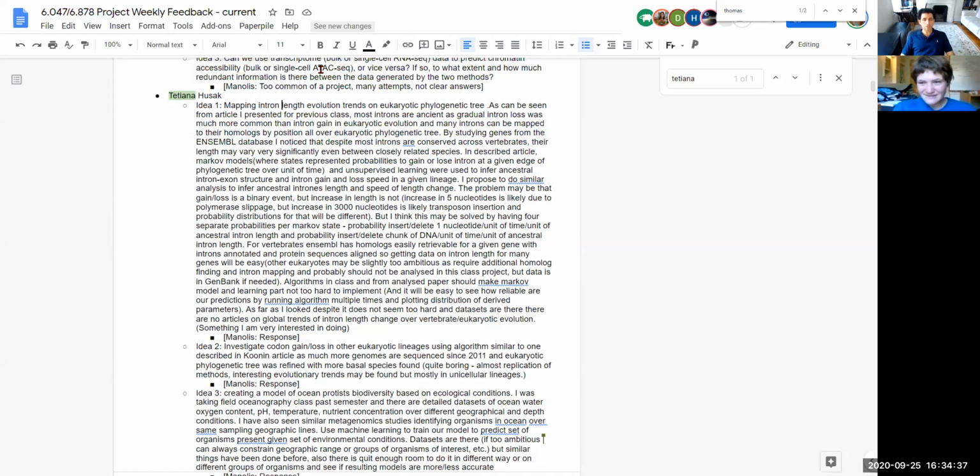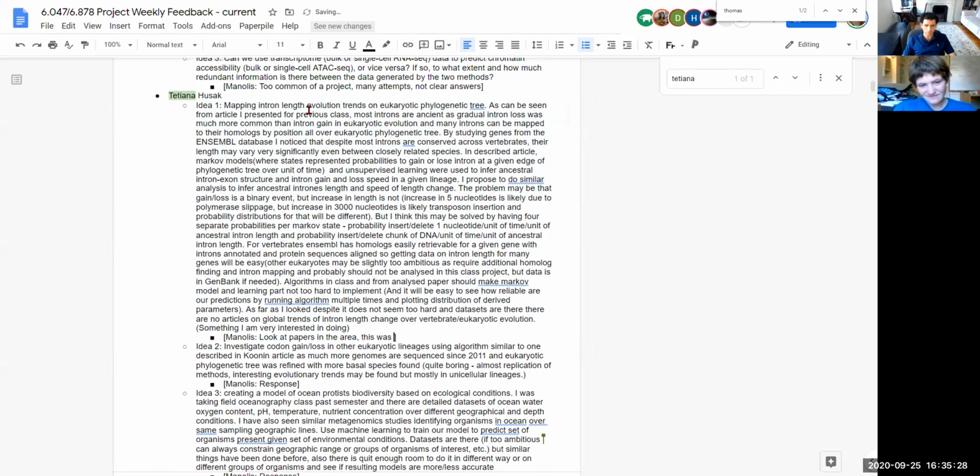Okay. All right. So intron length evolution in the eukaryotic evolutionary tree. So look at papers in the area.